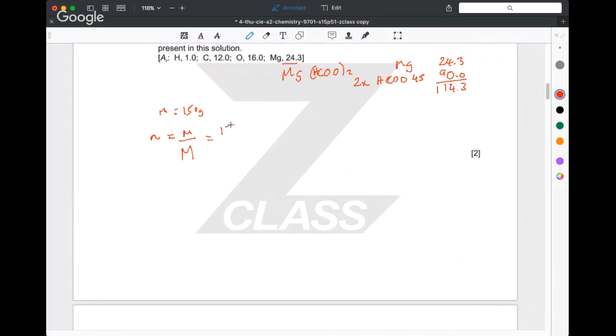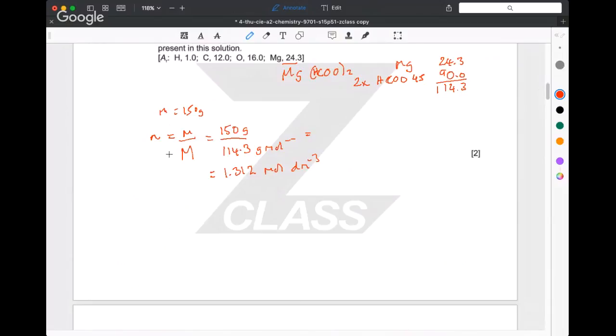Our molar mass is just this relative formula mass in units of grams per mole, so that's 114.3 grams per mole. I do that calculation and I work out a concentration of 1.312 moles per decimeter cubed.